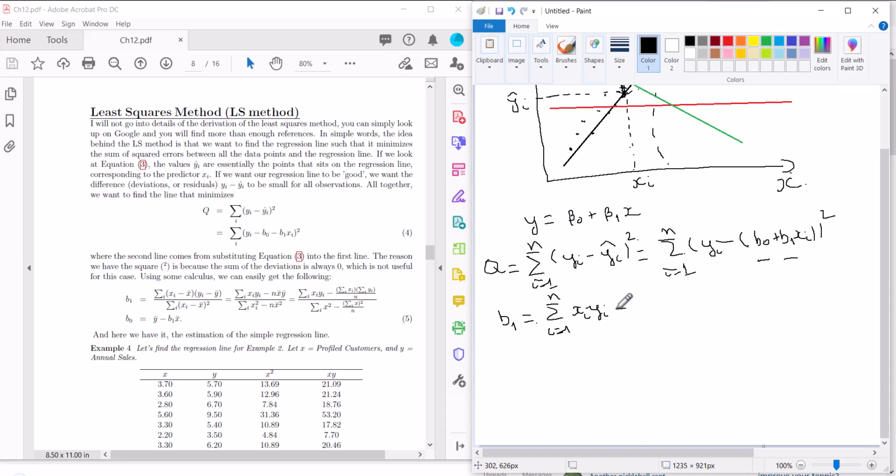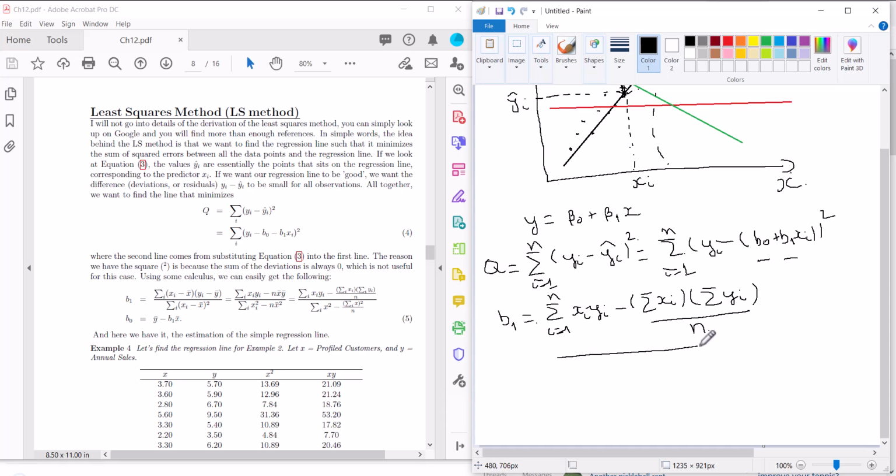And take that, subtracting the following: the sum of all the xi, multiplied with the sum of all the yi, and you divide this quantity by n. So that would be the numerator.